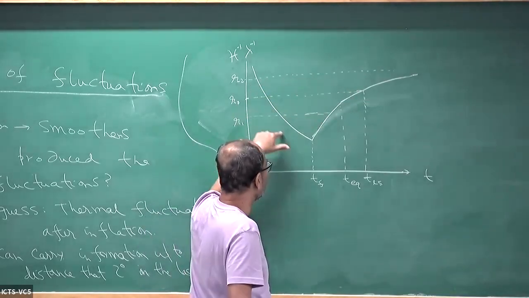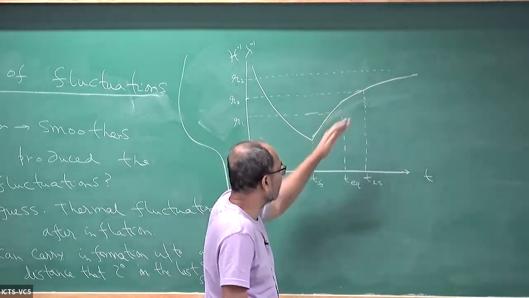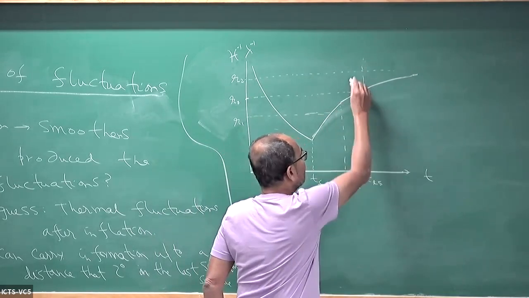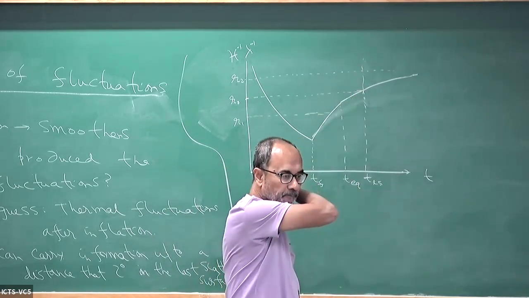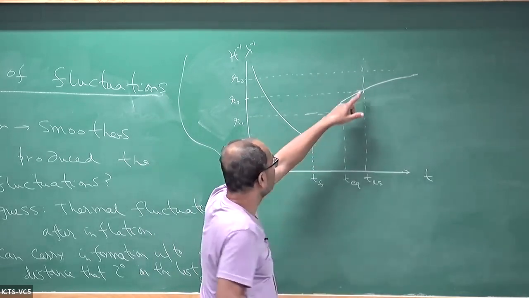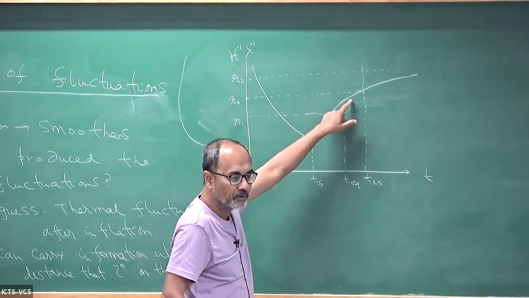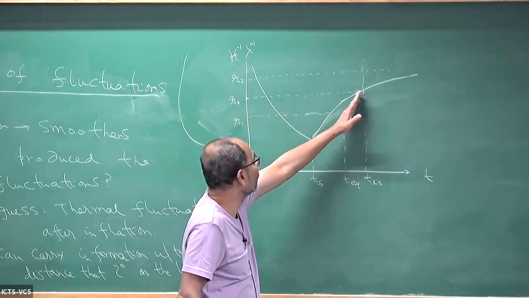You see that all the way from here to here, this is the fluctuation scale. This is below that curve. See, this curve at the time of last scattering remains below R2. Is that clear? Look at the H inverse lambda inverse. It's below R2, from here to here.